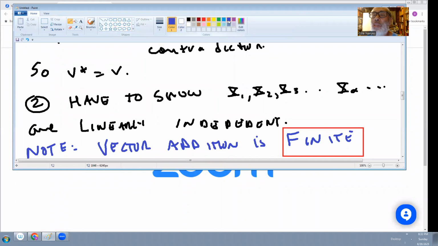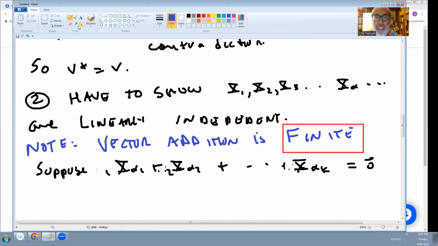So let's make these blue, and let's make this say beta 1, because these are not the same. Let's say this is beta k. So these are just scalars corresponding to these ordinals, which may or may not be finite. But there's only a finite number of them because vector addition is finite. So this is only a finite sum. And because these are ordinals, you can order them like this.